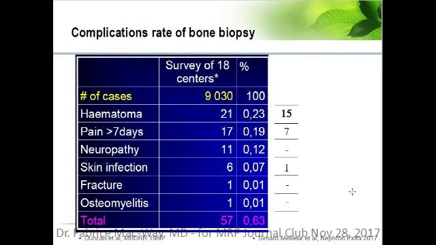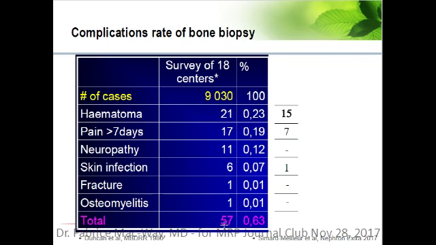We see bleeding or hematoma in 21 patients out of over 9,000. Pain that lasts more than 7 days in 17 patients, so 0.19%. Neuropathy, 0.12%. In total, there were complications in 57 patients out of 9,000.